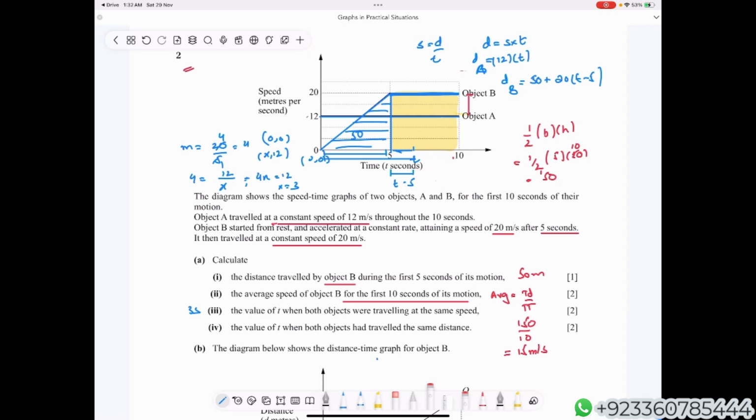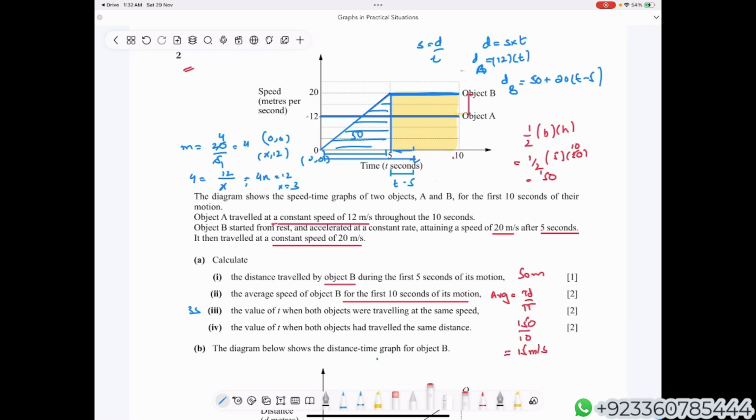So distance of object A is going to equal 12 into t. अब अगर आप फर्स्ट 5 सेकेंड्स का डिस्टेंस निकालते हैं दोनों का, ऑब्जेक्ट बी का हमने ऑलरेडी निकाला हुआ था इन दिस फर्स्ट पार्ट विच इज़ 50. ऑब्जेक्ट ए का फर्स्ट 5 सेकेंड्स में डिस्टेंस हो जाएगा 12 इंटू 5 विच इज़ 60. इसका मतलब है कि फर्स्ट 5 सेकेंड्स के बाद कहीं जाके उनका डिस्टेंस सेम होता है. दैट मीन्स जिस टाइम पे डिस्टेंस सेम होगा वो 5 के बाद आएगा.